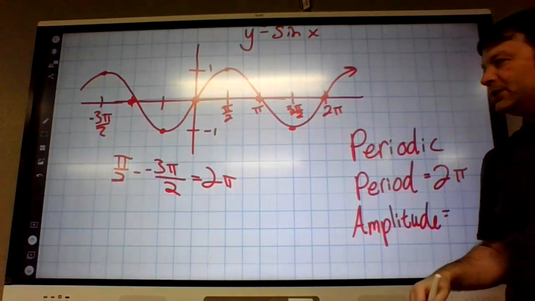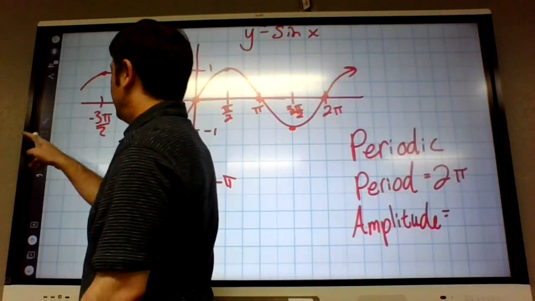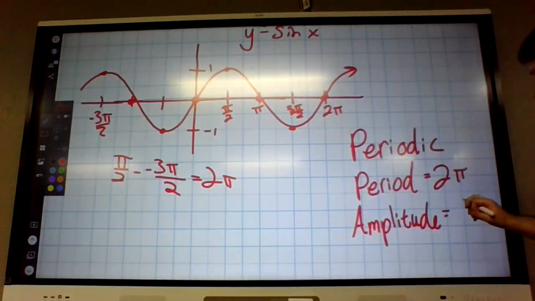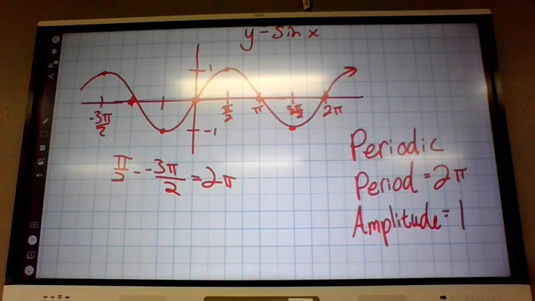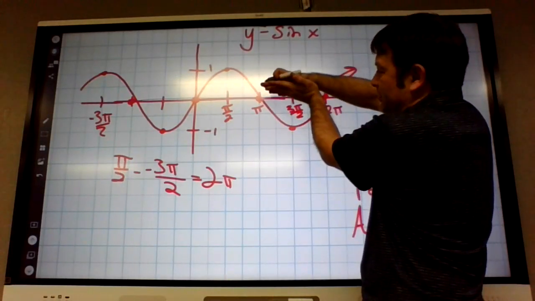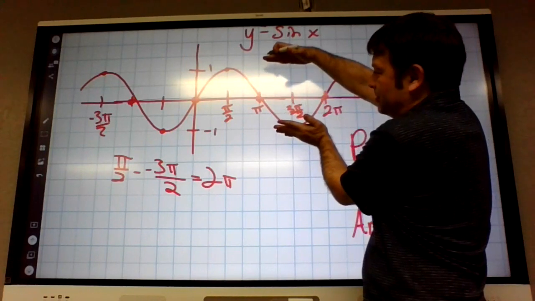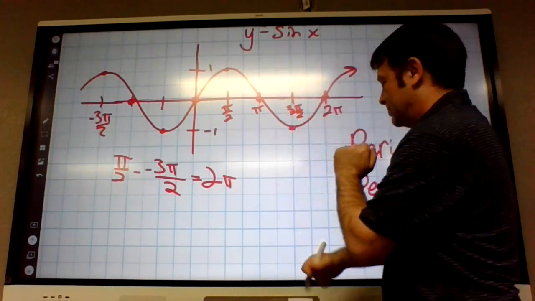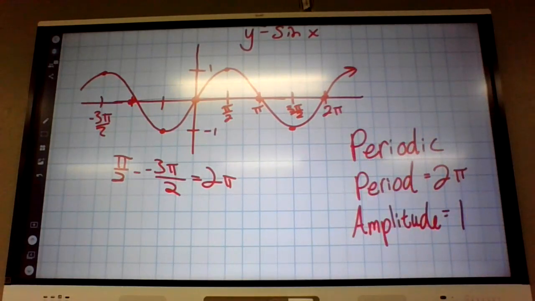So the amplitude is 1. For a normal sine or cosine function, the amplitude is 1. Another way to think of amplitude is the height of the graph divided by 2. The graph's height is 2, and you divide that by 2 and that's the amplitude.